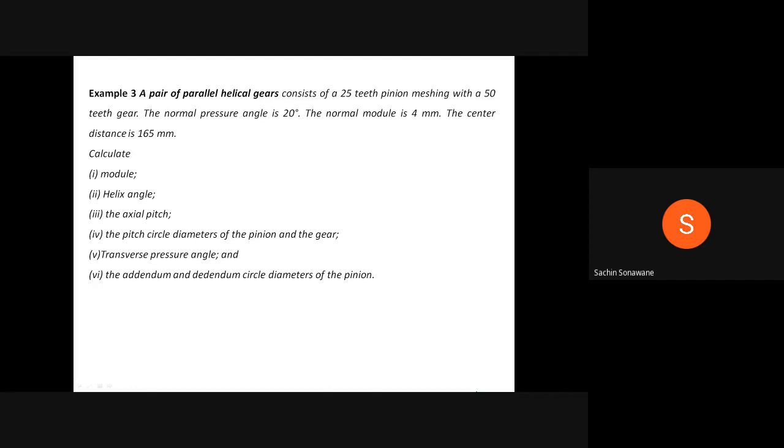Calculate module, helix angle, the axial pitch, the pitch circle diameters of the pinion and the gear, transverse pressure angle, and the addendum and dedendum circle diameters of the pinion. Write down within 5 minutes so that we can solve this problem.